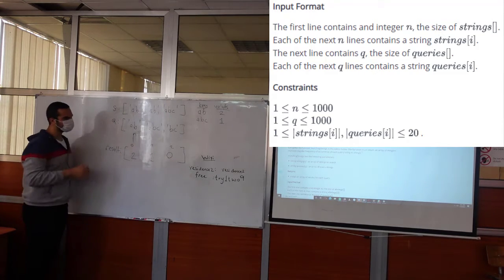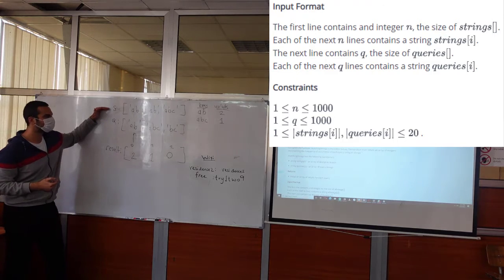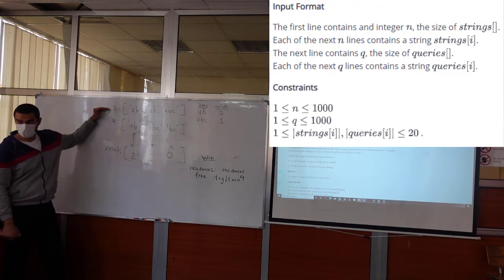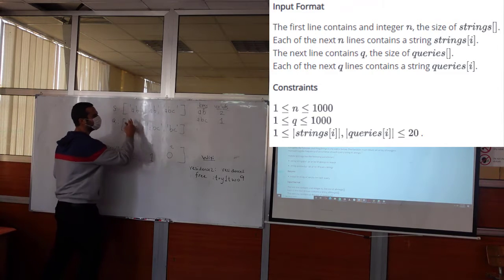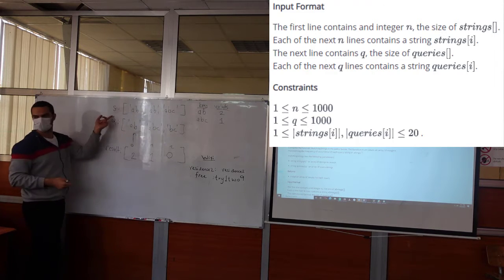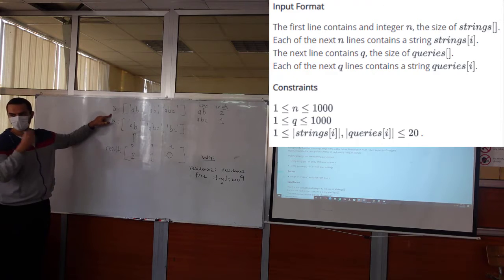So it's going to be the number of unique strings in strings. And in the worst case, if we have all unique strings, let's say A, B, C, D, it's going to be O(n), where n is the number of strings in the strings array.